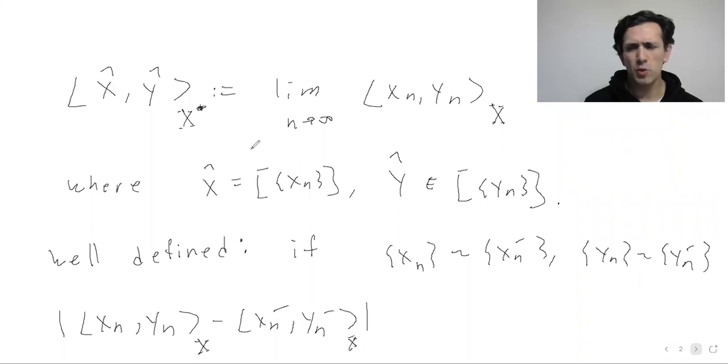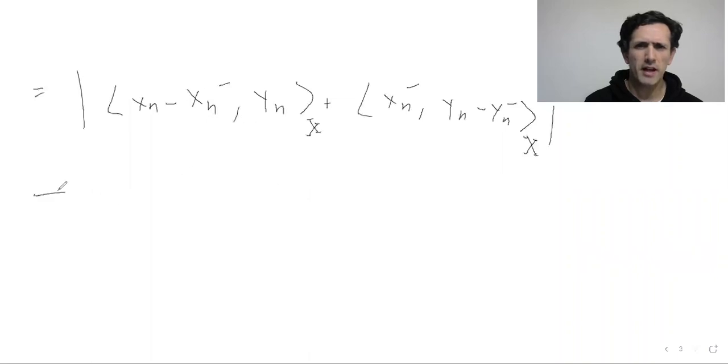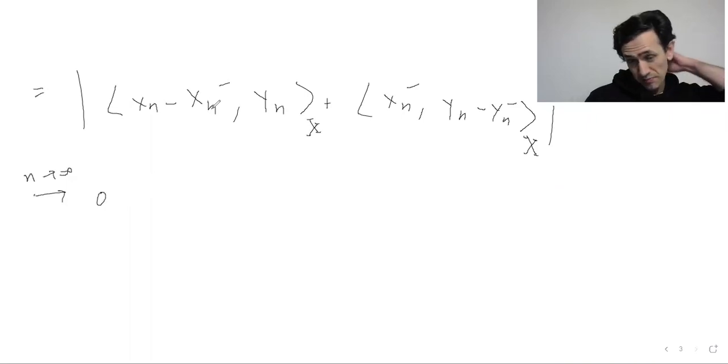You can use the Cauchy-Schwarz inequality to get that this goes to 0, because xn is equivalent to xn prime, so by definition the norm of xn minus xn prime goes to 0 as n goes to infinity.